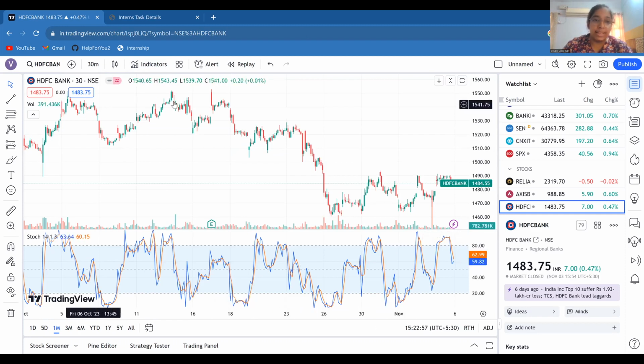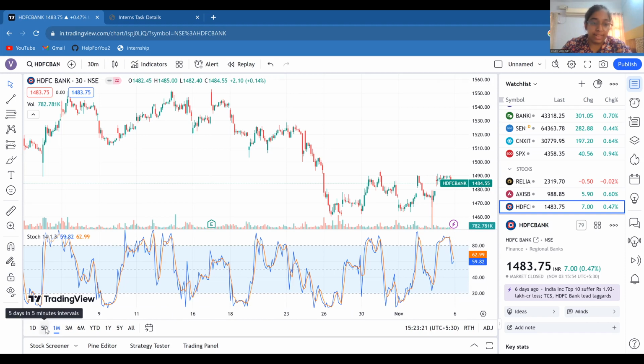These are the candlestick patterns. These are the volumes for the particular day or specific period of time, followed by the stochastic oscillator. Here the levels are shown as 0, 40, 80. One can see the levels below 20 are considered as oversold and above 80 are considered as overbought.